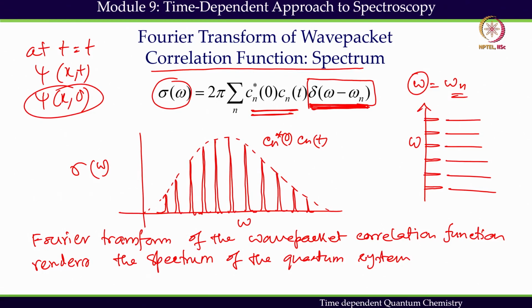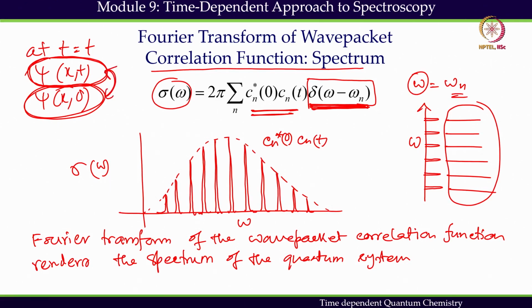It is quite interesting that through TDSE we are actually extracting the information of the eigenstates. We are not solving the time independent Schrodinger equation to get this. We are solving the time dependent Schrodinger equation. We start with an initial wave function and allow the system to evolve following the time dependent Schrodinger equation, and after a certain time we select the wave function at time t, then correlate, which means we find the extent of overlap.